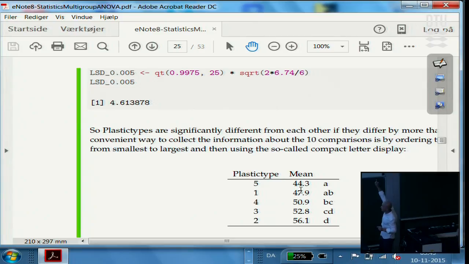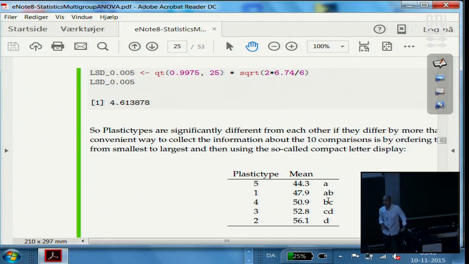I put a letter, A and A, to help the reader read off those 10 comparisons. It's a so-called compact letter display. It's not high-tech, it's low-tech visualization, saying that 5 and 1, are they different? No. 5 and 4, are they different?